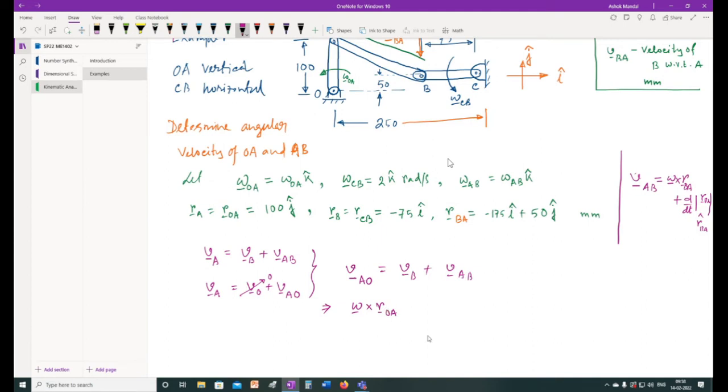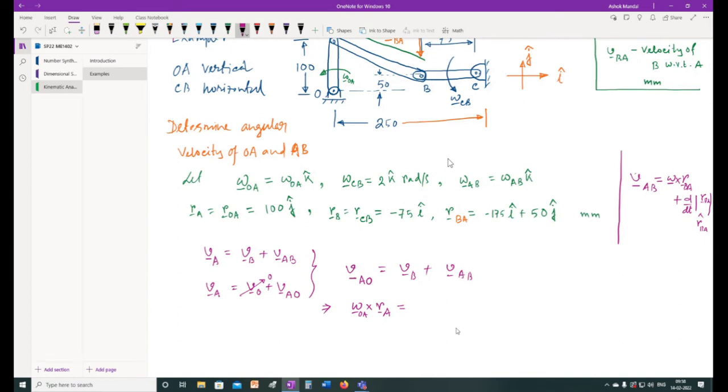So let us not write R OA, let us just write R A. And this omega we have written as omega OA. So let us write omega OA cross R A. I'm spending much time here so that all of you understand this clearly.